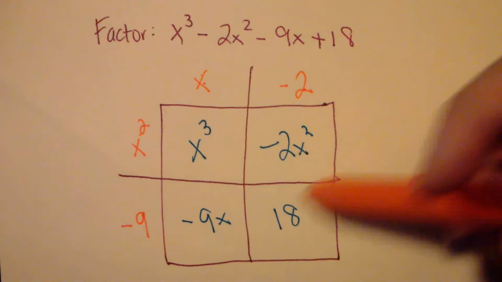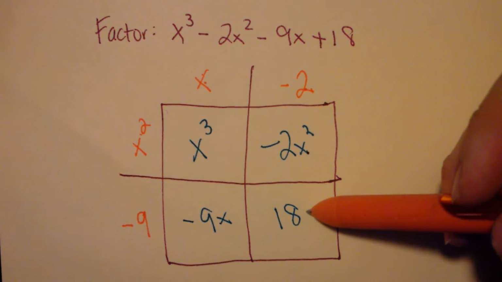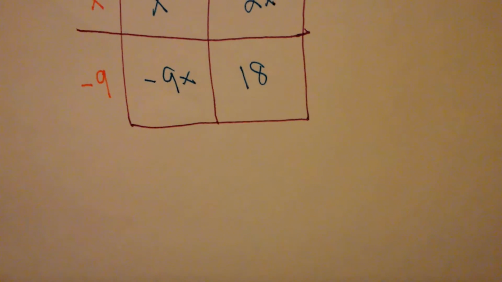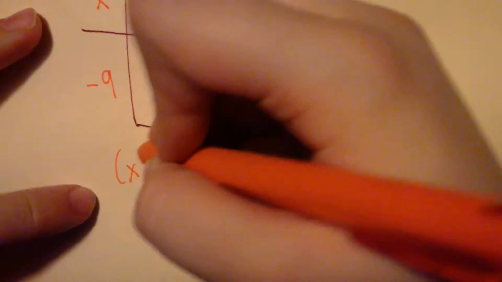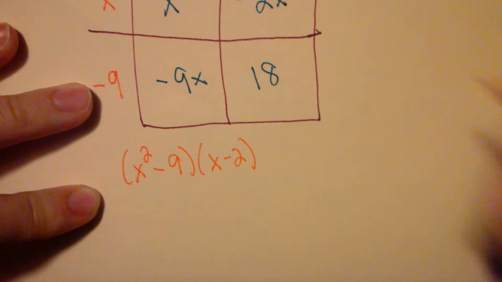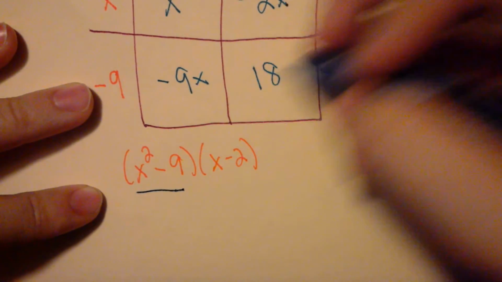So when I multiply it back out, it works. Negative 9 times negative 2 is positive 18. So x squared minus 9, x minus 2. If you notice, x squared minus 9 is a difference of squares.